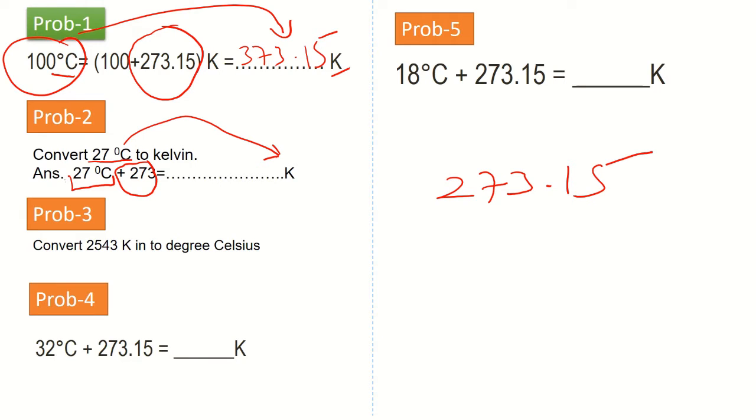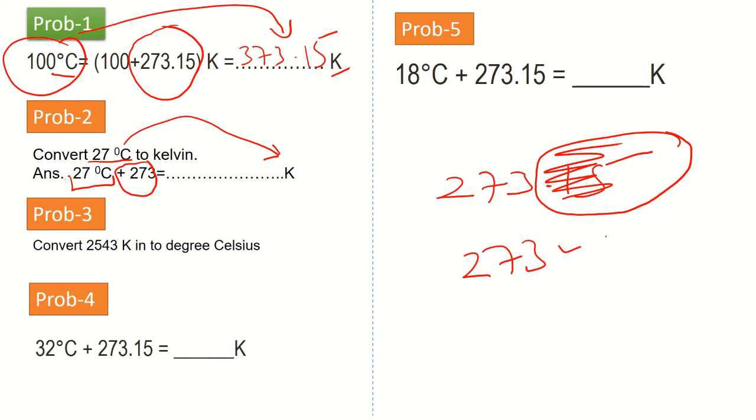This is the exact number, but you can leave this decimal part for simplicity. If you are adding 273 only and not taking the decimal part, it's okay. Now whenever you add 27 and 273, it will come 300 Kelvin. So this 27 degrees centigrade is equal to 300 Kelvin.